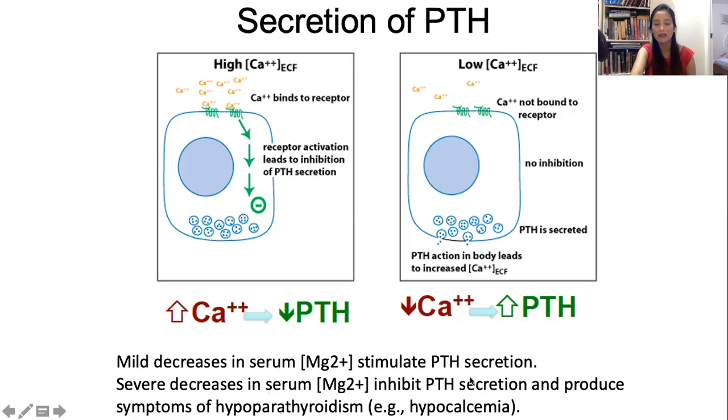And sometimes, if the PTH is inhibited, it will produce symptoms of hypoparathyroidism because of the resultant hypocalcemia. So you'll have symptoms of the things that I mentioned earlier: carpopedal spasm, muscle twitching, tetany, and so forth. No? So magnesium also affects PTH secretion, and therefore also affects calcium physiology.